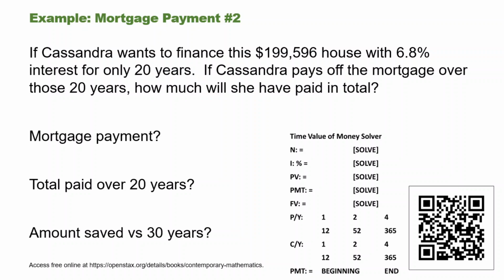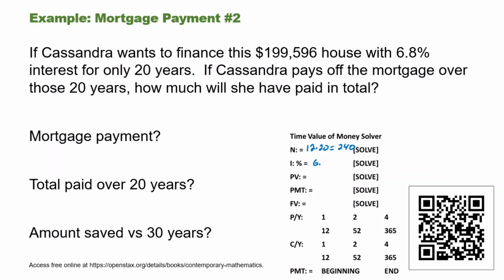Example, mortgage payment number 2. If Cassandra wants to finance this $199,596 house with 6.8% interest for only 20 years, the question is, how is this going to change this? So if Cassandra pays off the mortgage over those 20 years, how much will she have paid in total? Well, we'll go ahead and fill in these blanks. The capital N will be 12 times 20, which is 240.